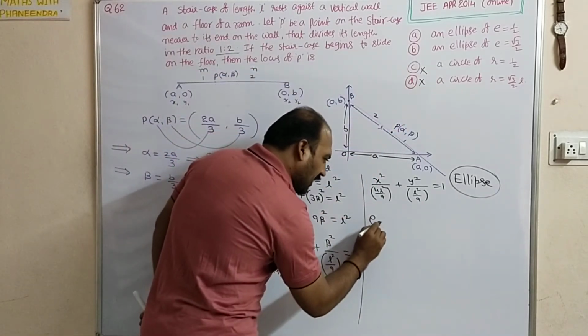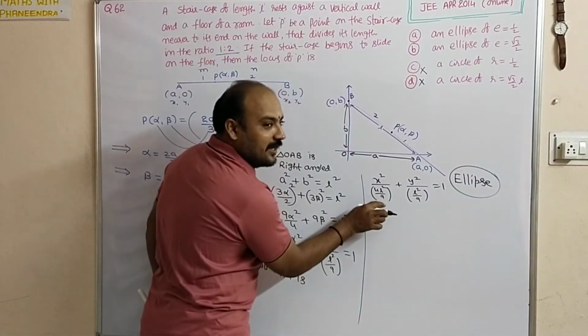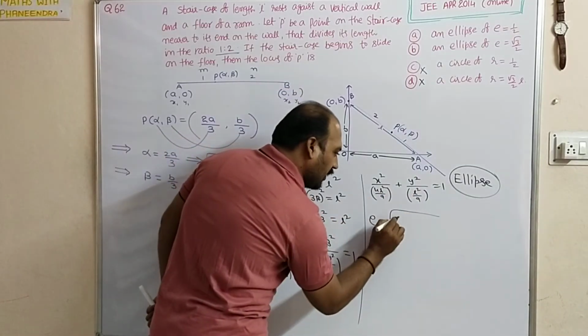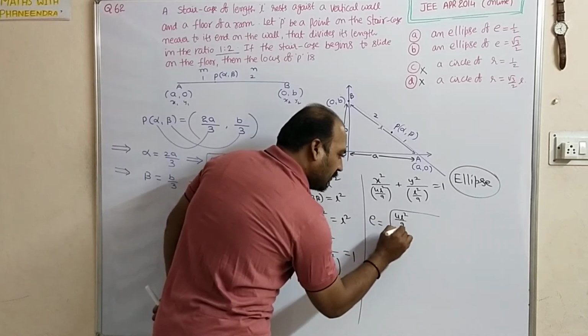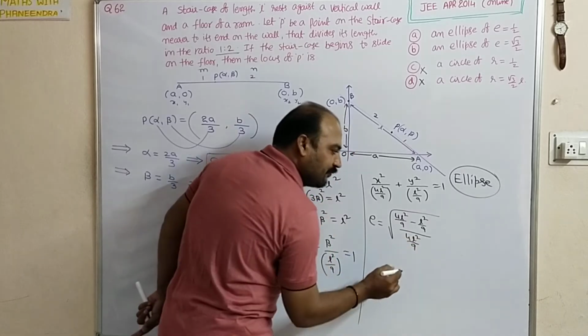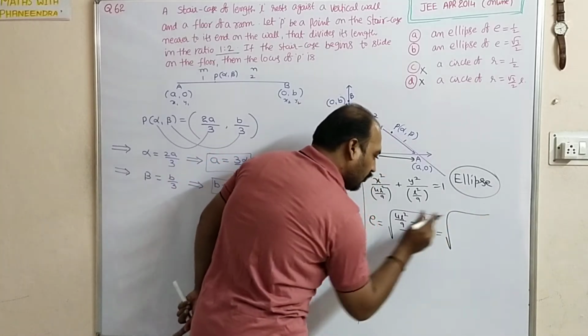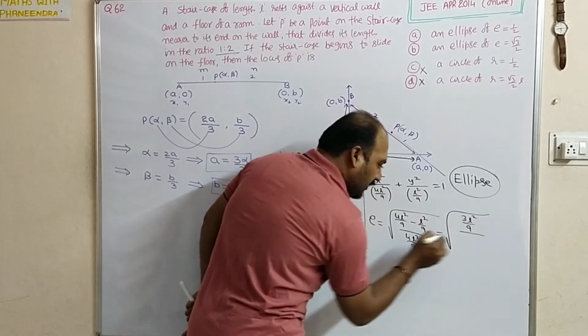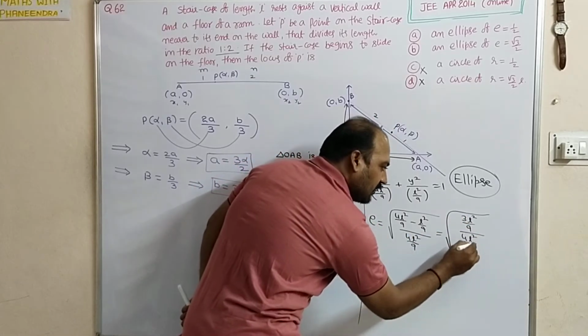So eccentricity E equal to, by observing, this is the case where A is greater than B. So root of A square minus B square: 4L square by 9 minus L square by 9 divided by 4L square by 9, which is equal to square root of 3L square by 9 whole divided by 4L square by 9.